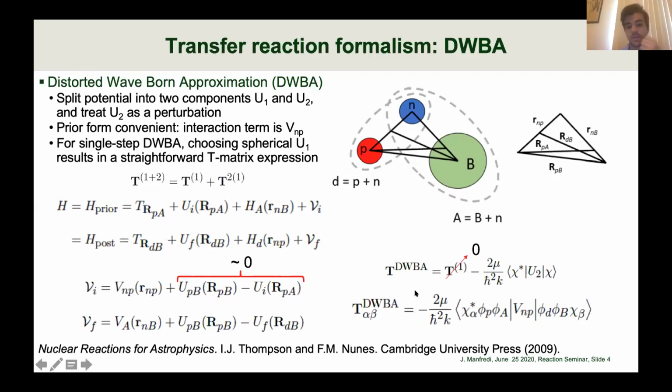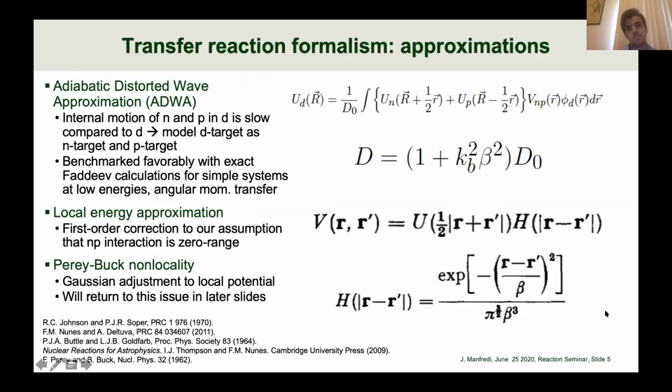So now our T matrix from DWBA can be just written with this one term that has these distorted waves chi, that include the effects of U1 folded in with U2 in the middle. So for our case, going from a specific entrance channel alpha to some exit channel beta, we end up with this down here on the lower right.